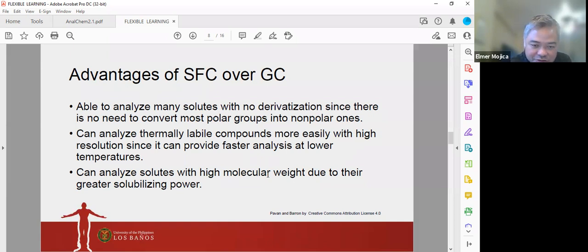With higher resolution, it can provide faster analysis at lower temperature. You can also analyze solutes with higher molecular weight due to the greater solubilizing power. So those are the advantages of SFC over GC.